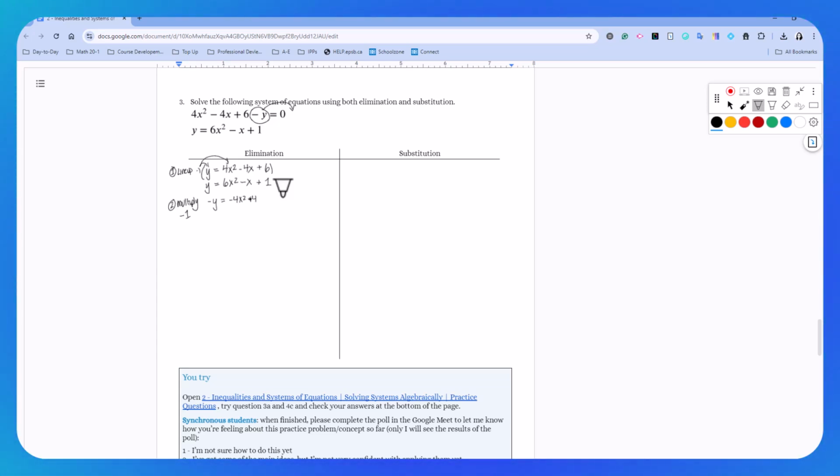We're multiplying everything by that negative 1, which means all the signs are going to flip. And now we're going to have y equal to 6x squared minus x plus 1. Then we're going to add the two together to eliminate.